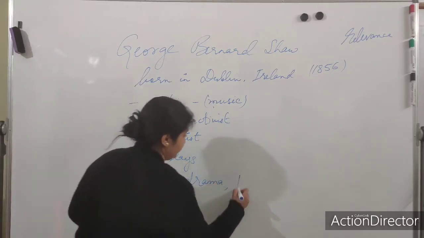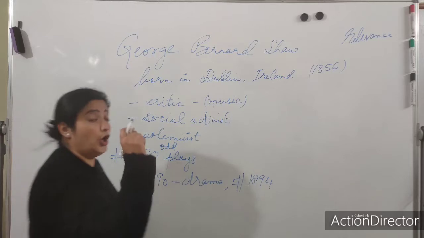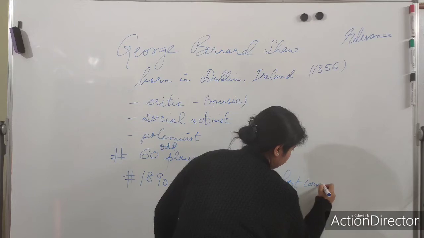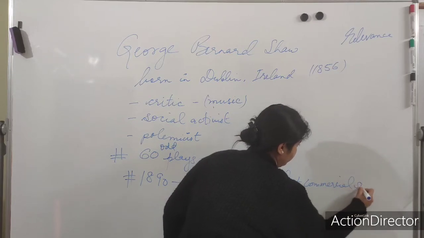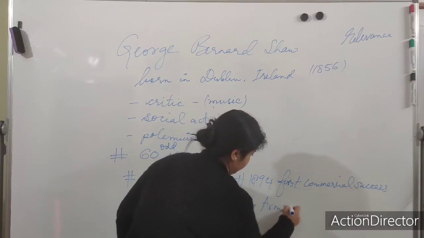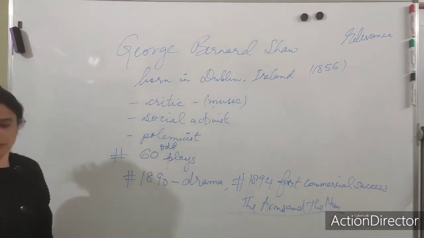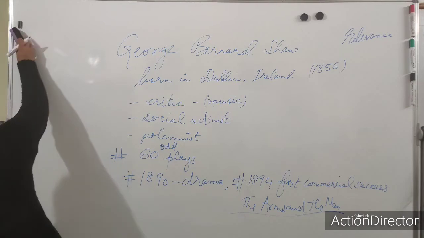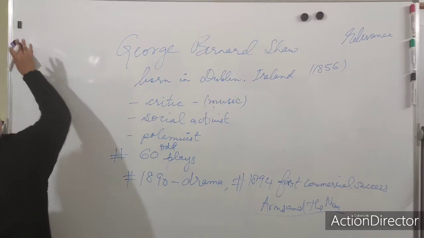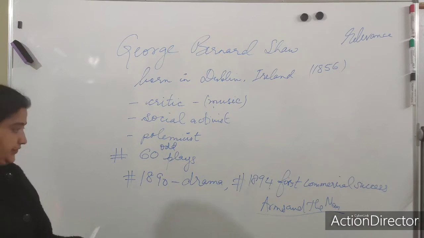And in the year 1894 came his first commercial success, and that was Arms and the Man. Not the, but Arms and the Man. Okay, this was his first recognition as a great dramatist, right?